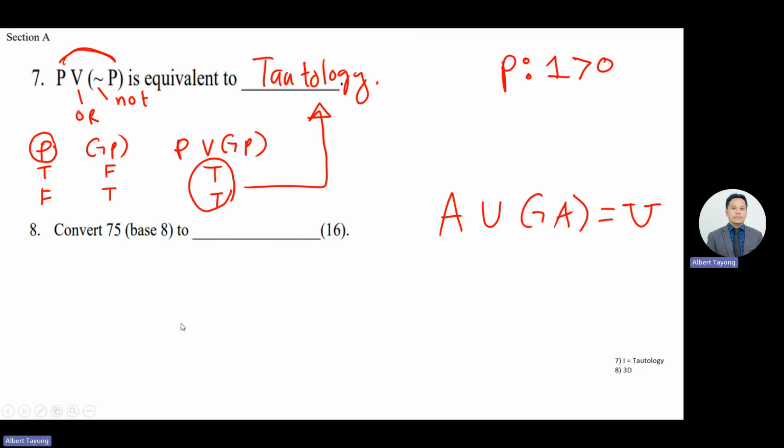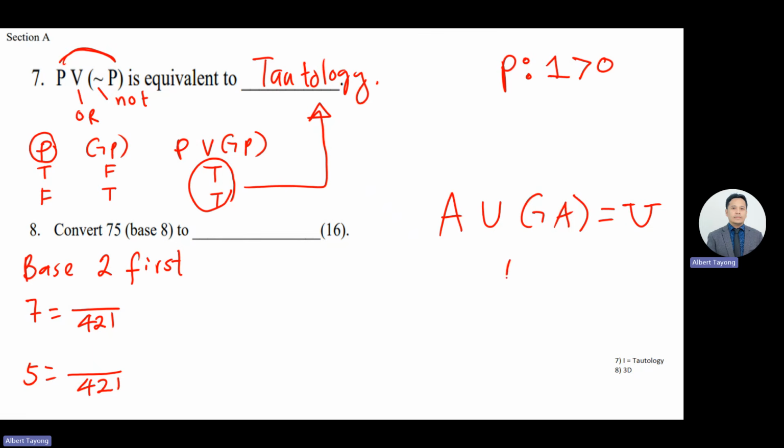All right, so here we're going to convert 75 base 8 to base 16. I hope number 7 is clear. P or not P is a tautology. Here, the first thing you're going to do is to convert to base 2 first. So we have 7 is equal to 4, 2, 1 and 5 is equal to 4, 2, 1, because 4 plus 2 plus 1 equals 7, the highest digit in base 8.